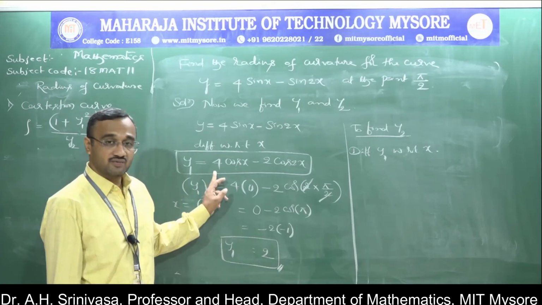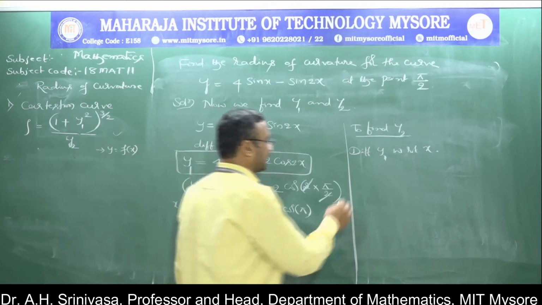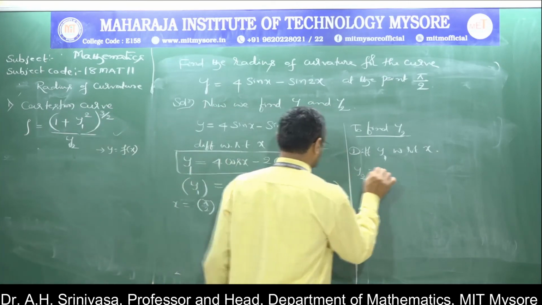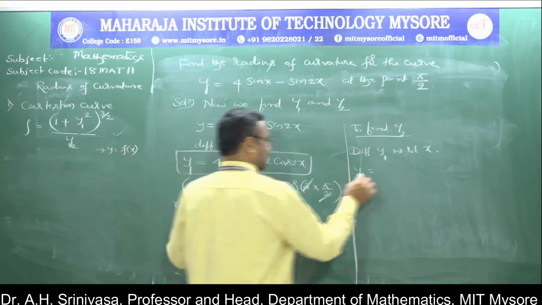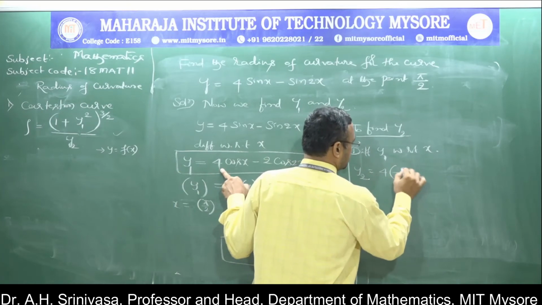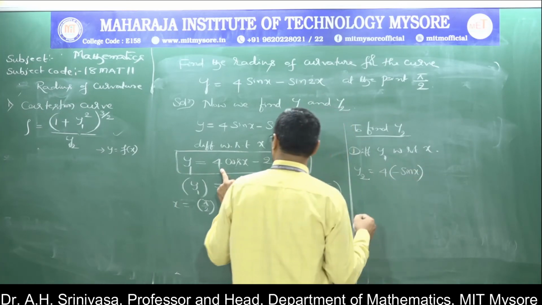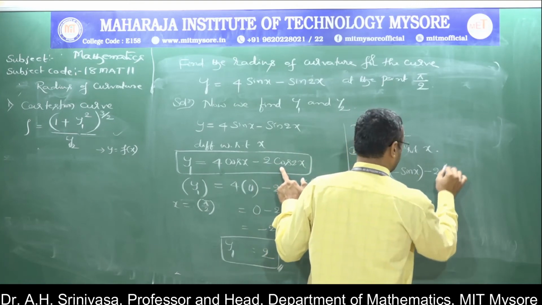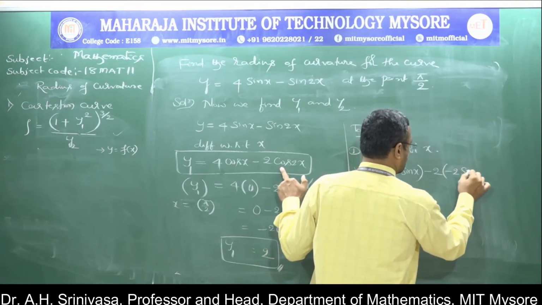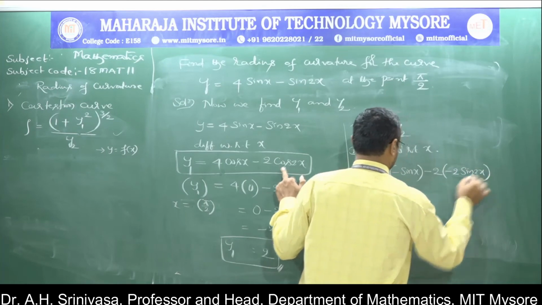Now the differentiation of y1 with respect to x, what do we get here? y2. Your y1 becomes y2. 4 times cos becomes minus sin x, minus 2 times, again your cos becomes minus 2 into sin 2x.